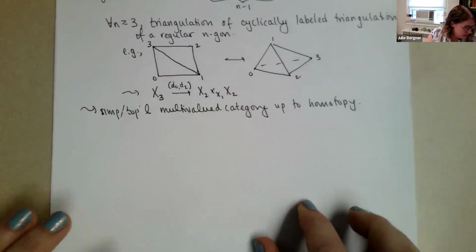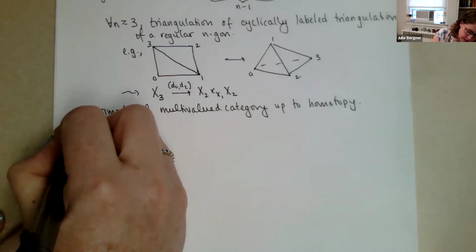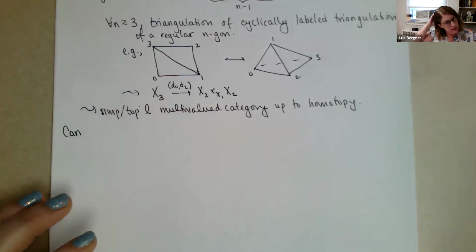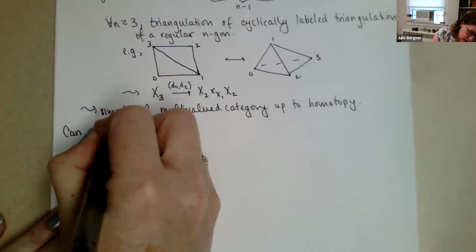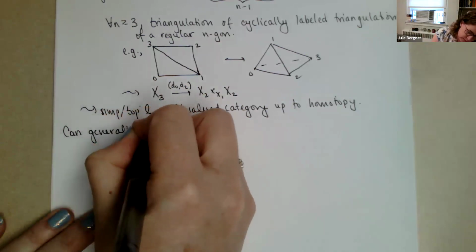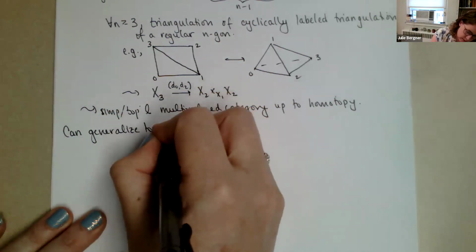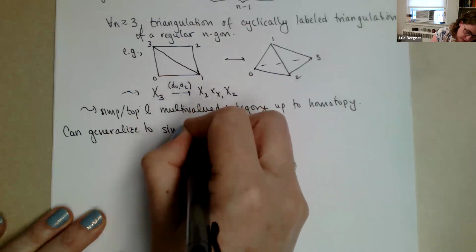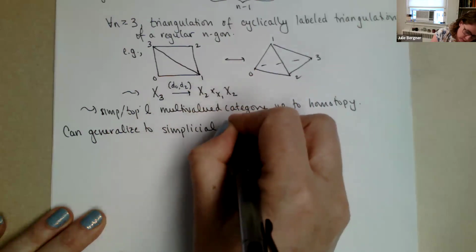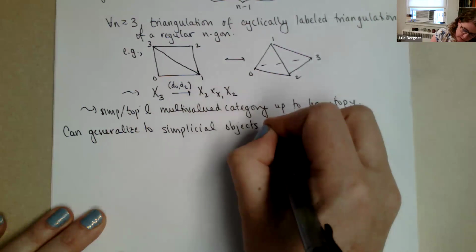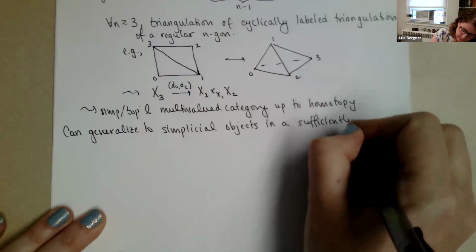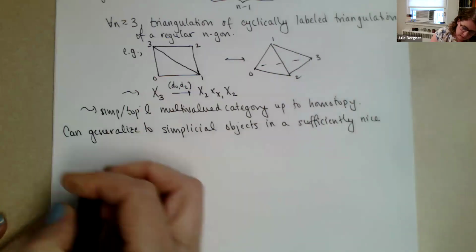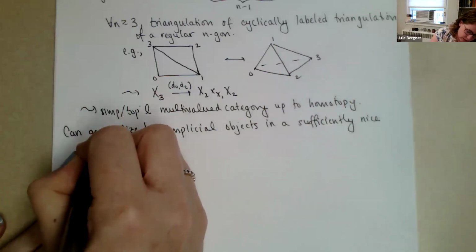Okay, and then there wasn't anything particular really about simplicial sets or spaces here. So we can generalize two Siegel objects to simplicial objects in a sufficiently nice category.